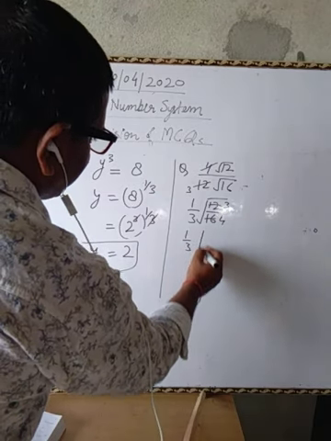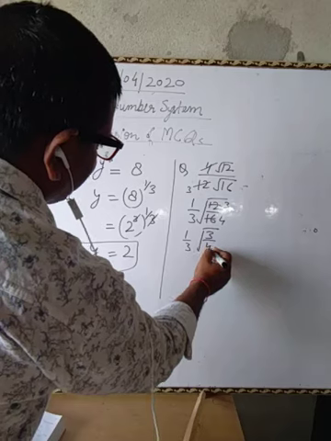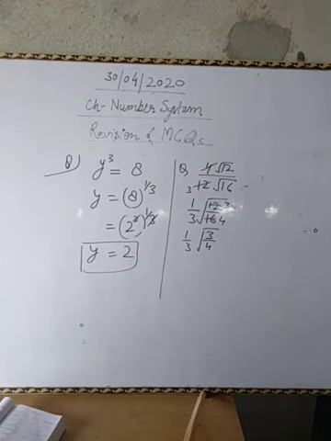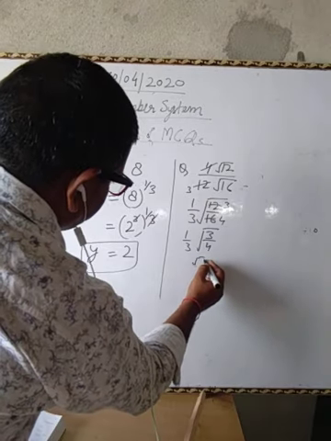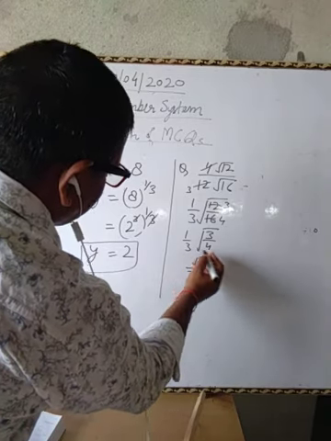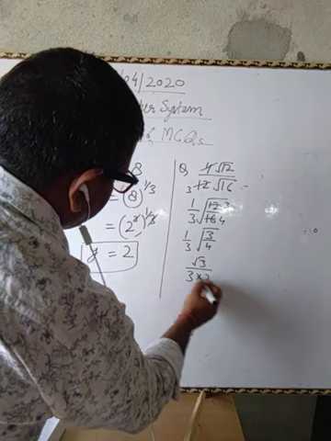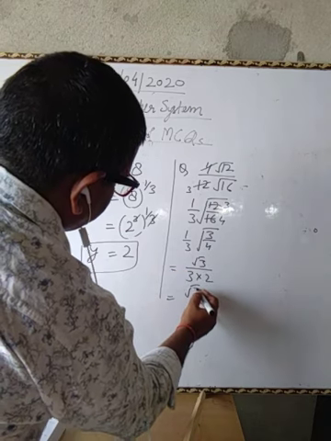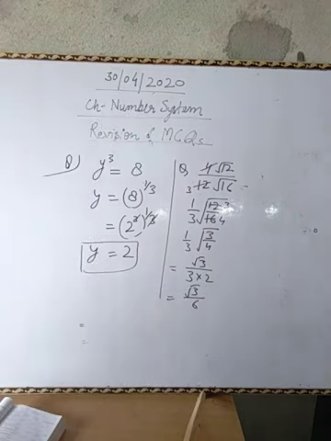This is 1 upon 3 root 3 upon 4. Since 3 has no pair, but 4 may be written as 2 into 2, it is root 3 upon 3, and the square root of 4 is 2. So its result is root 3 upon 6.